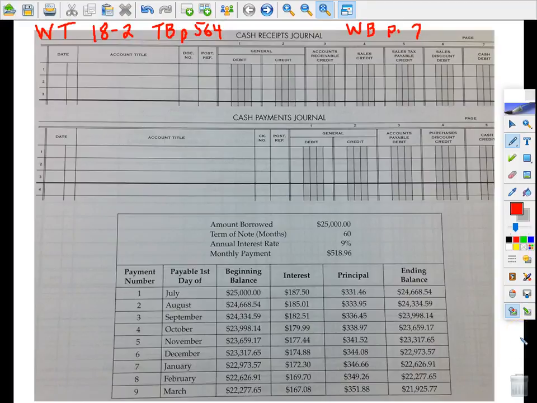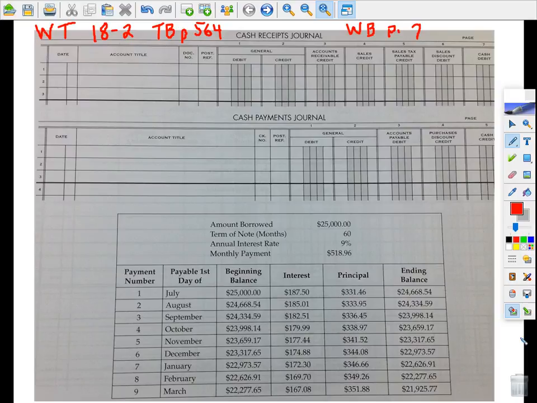So today we are covering section 18.2, and we're going to be talking about long-term debt financing. The difference between today and yesterday, when we focused on short-term financing options, is that with short-term financing we intend to pay back that debt within a year's time.